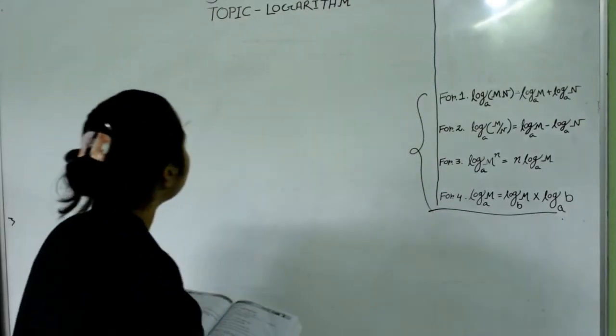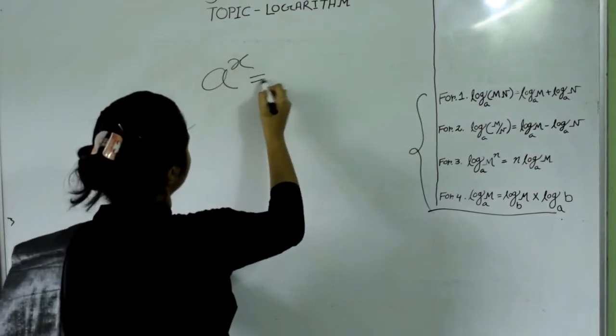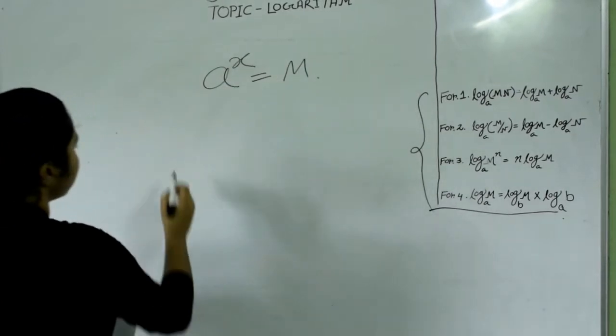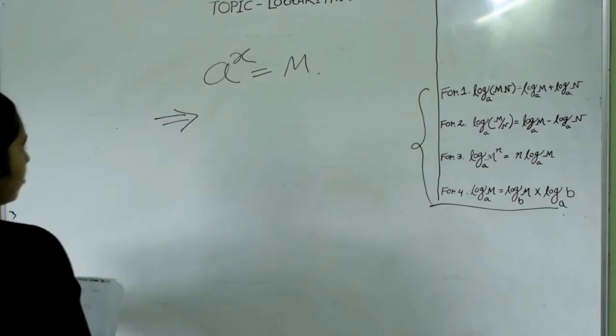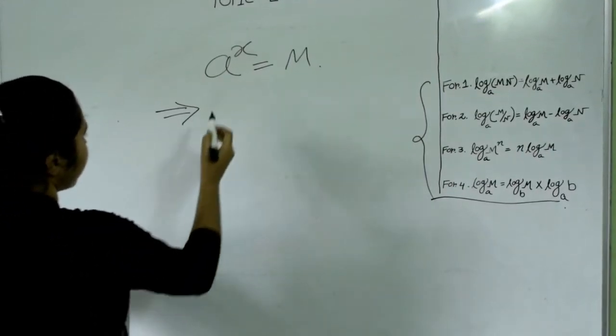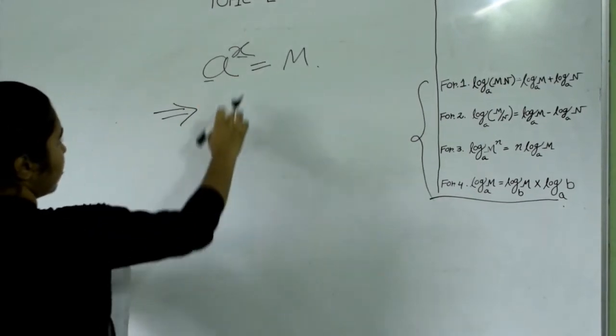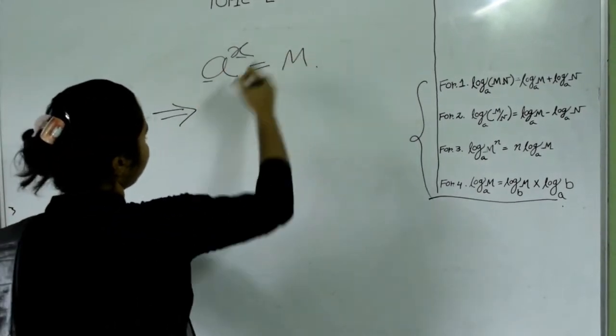Before that, let me tell you, if you have an expression like this, you can write it in terms of logarithm. How? This is the base, this is the index, which is x, and this is the value m.